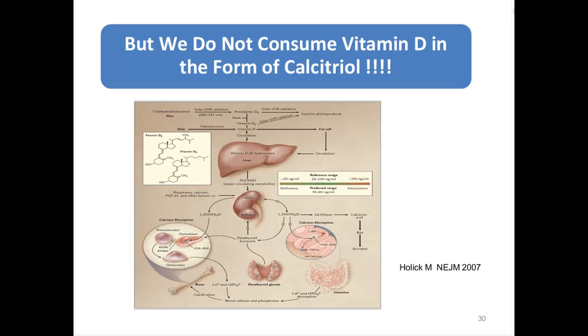In other words, this is the dietary form, and the body has exquisite ways of handling it when there's too much in the body. It gets stored in the fat, and it gets converted into inactive products. There's lots of feedback loops so that every time we have too much, it gets converted into forms that can be excreted from the body.